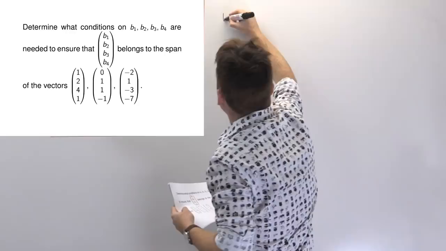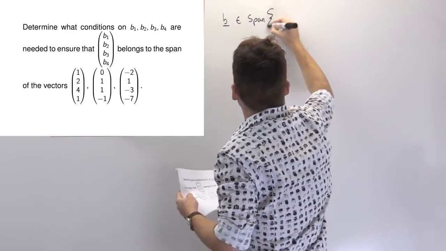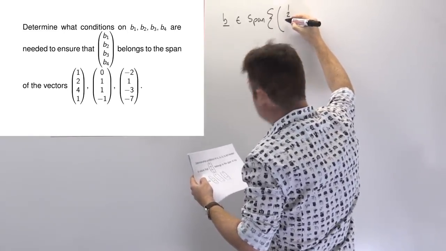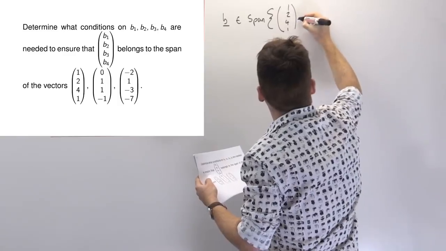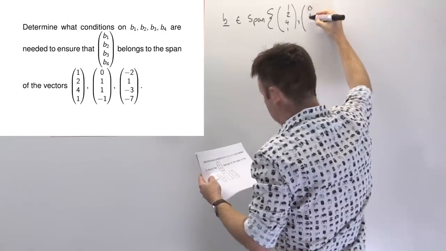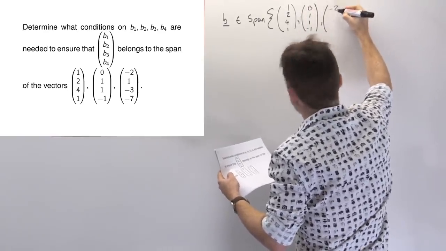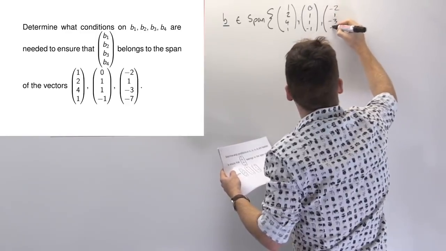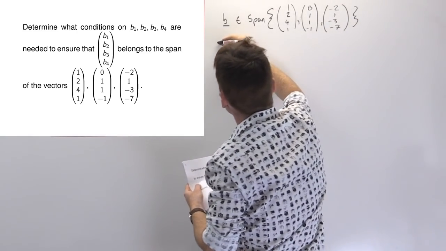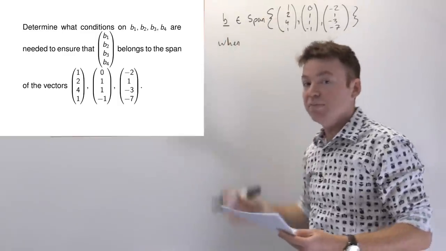So the vector b is in the span of these vectors when b can be expressed as a linear combination of those vectors.